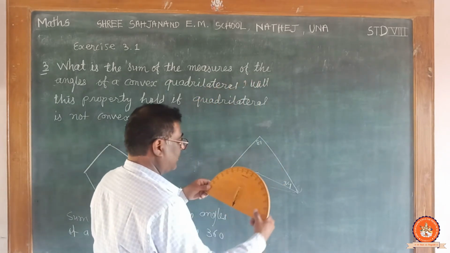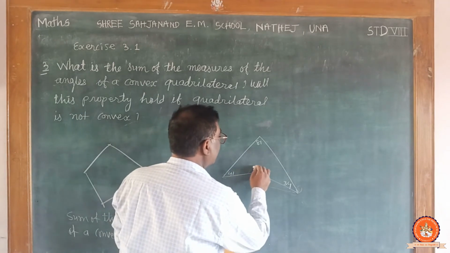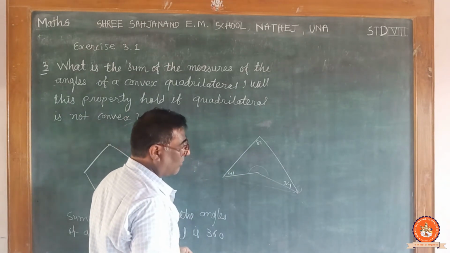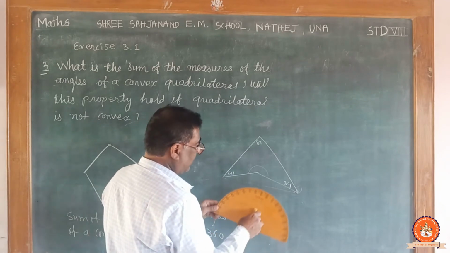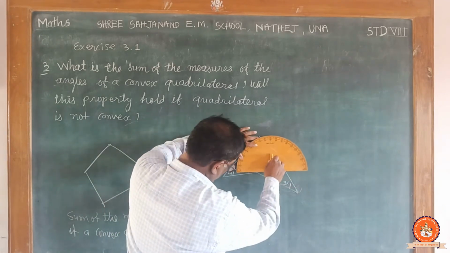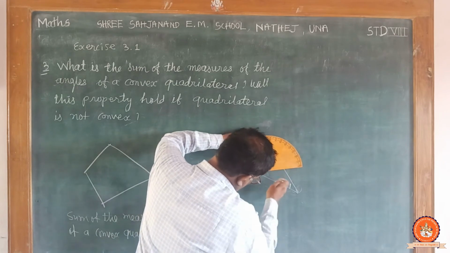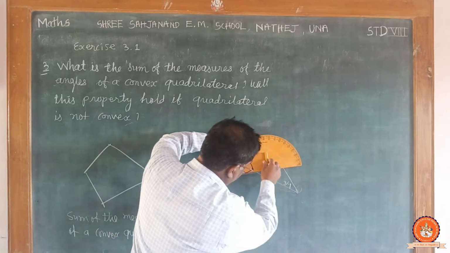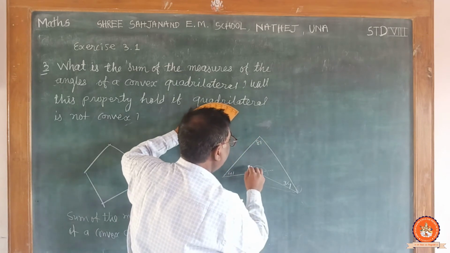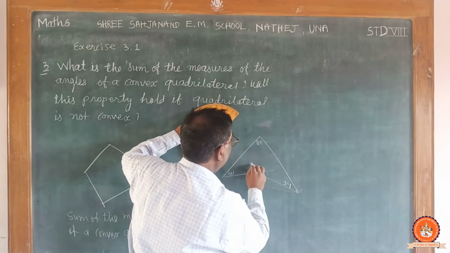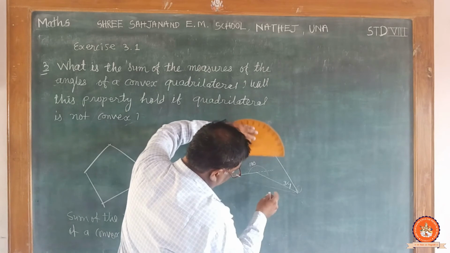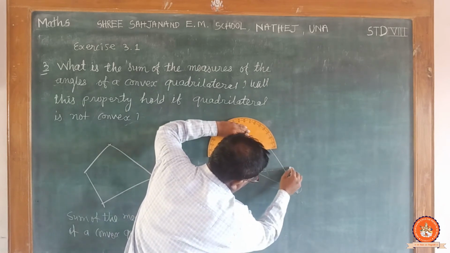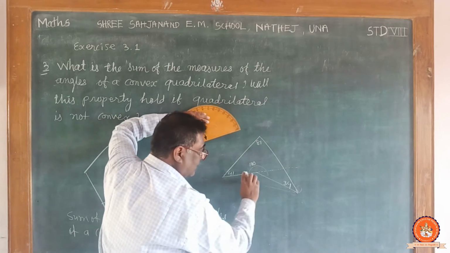Now what about this angle? This is the angle having more than 180 degrees, and for that we have to draw a line. So this is 180 and more. Look at it. How much is this angle? This angle is 180.